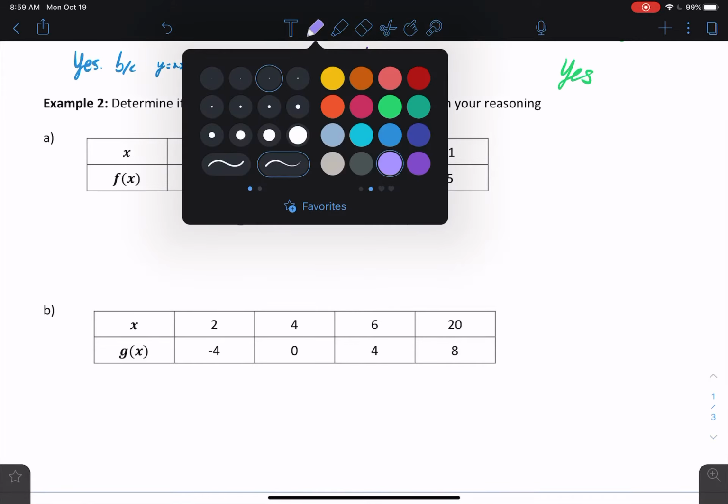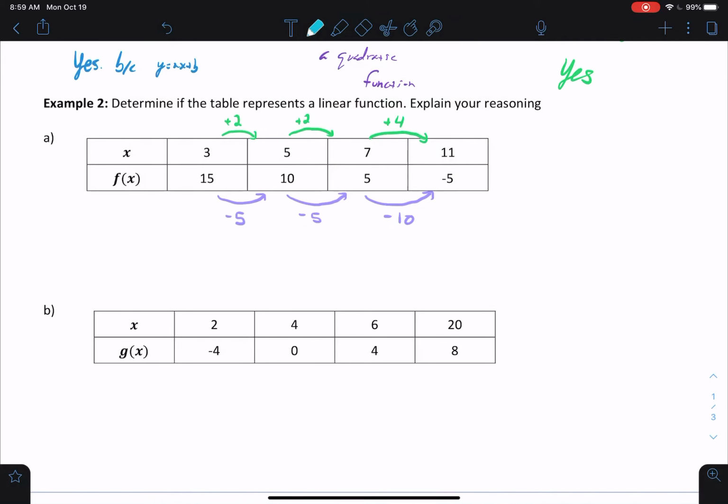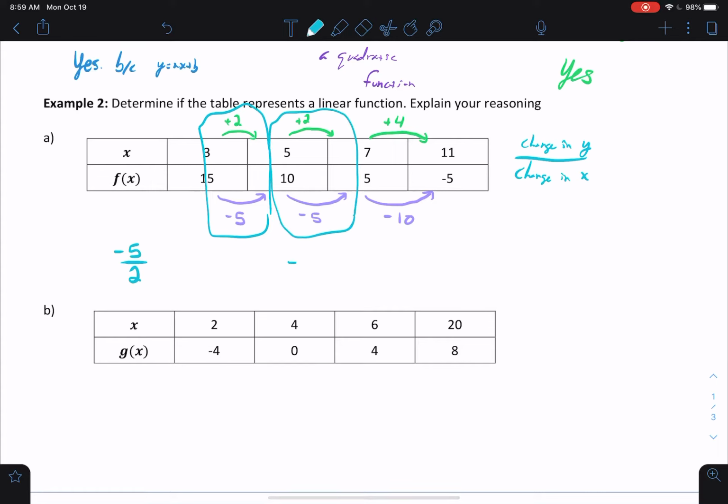So what are these rates of change? Remember, it's the change in y over the change in x. This first rate of change is -5 over 2. The second rate of change is -5 over 2. This third rate of change is -10 over 4, which if I simplify that fraction is -5 over 2.